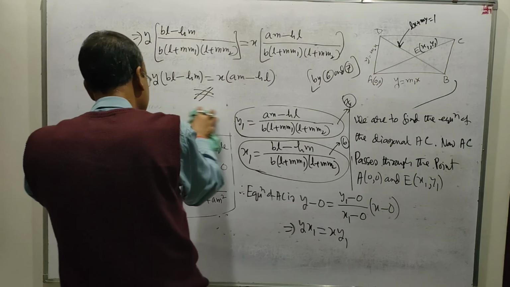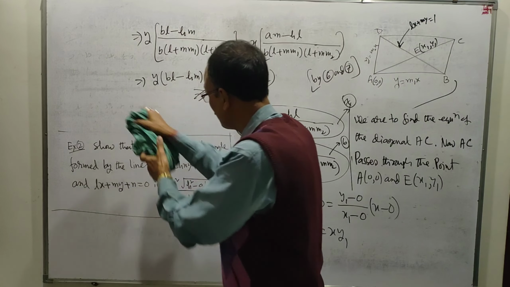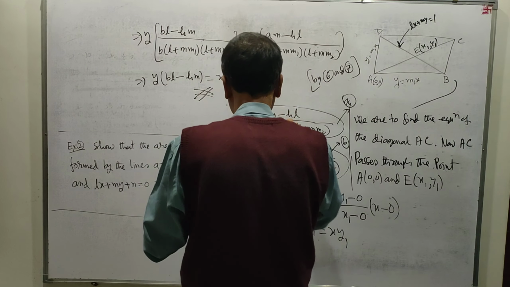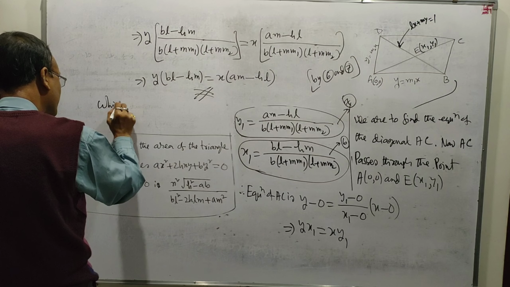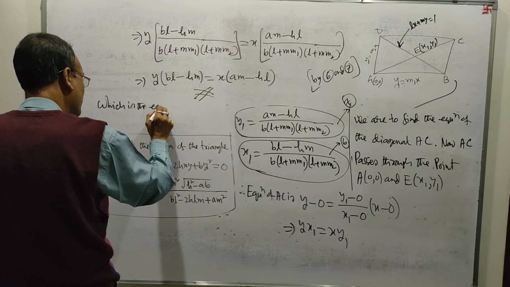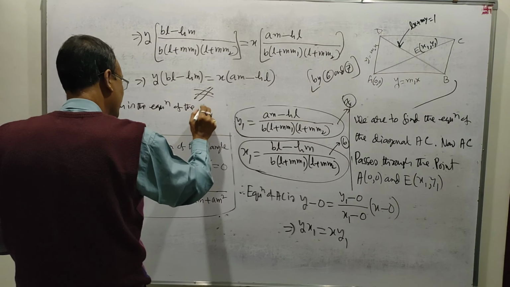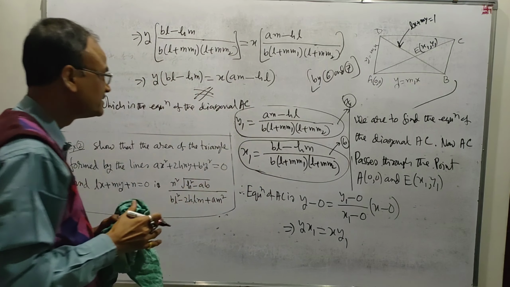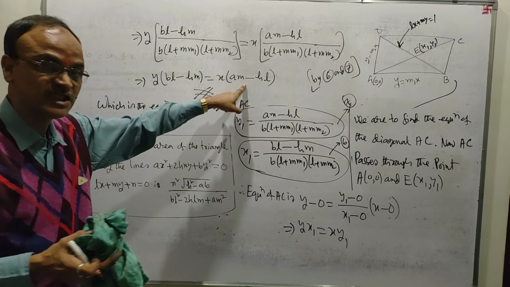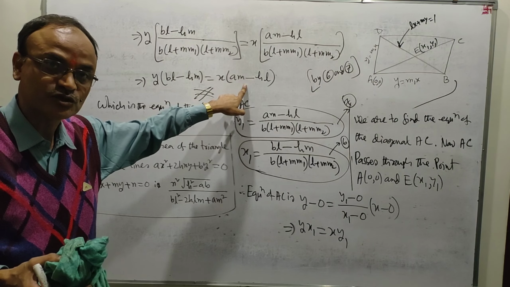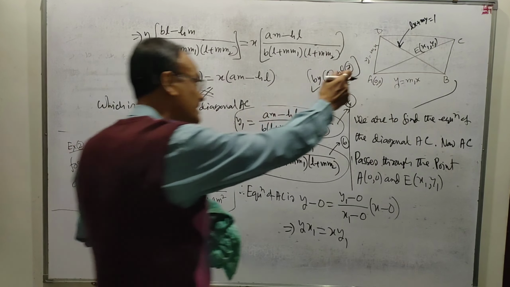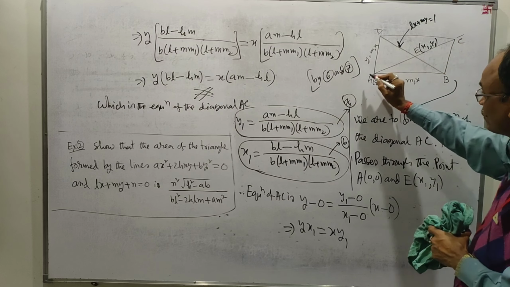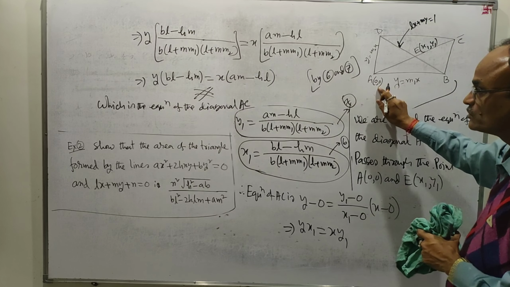Which is the equation of the diagonal AC. Clearly, AC must pass through the point 0, 0, the origin.